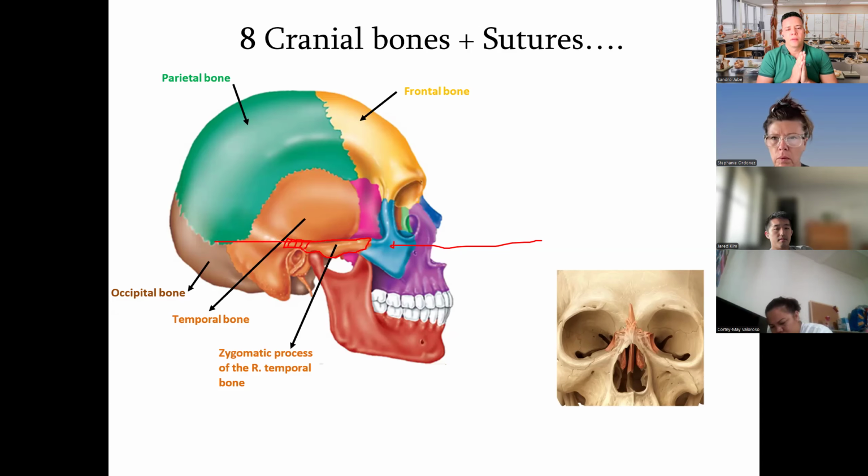Now, I mentioned this in the lab, and I know that maybe not all of you, but many of you are also taking my lab this semester, in which every time that we talk about a bone marking, we also need to describe what is the bone which the marking belongs to. Okay, because a bone marking doesn't exist on its own. A bone marking belongs to a specific bone.